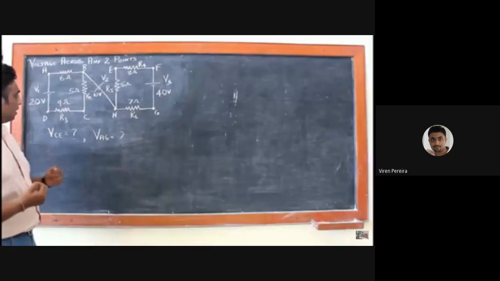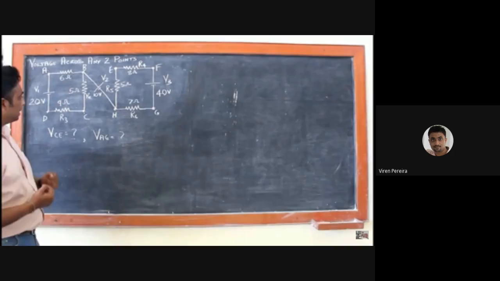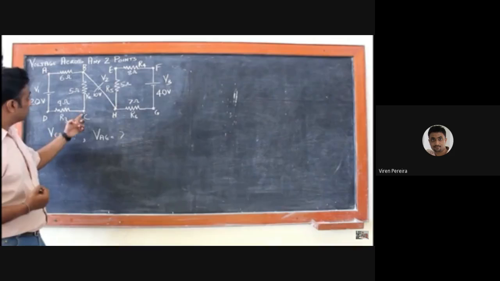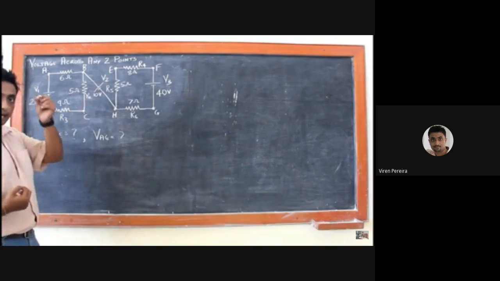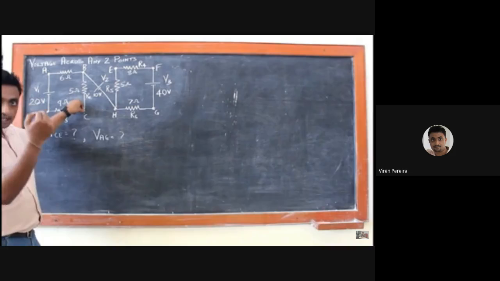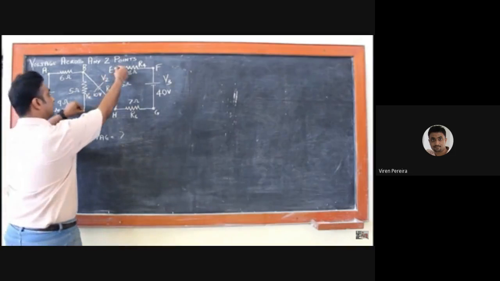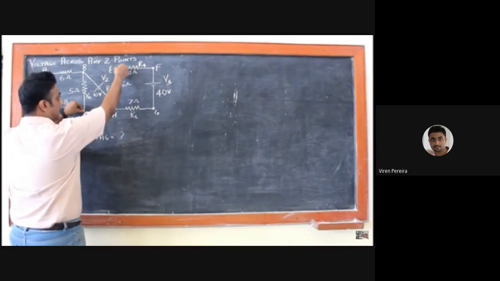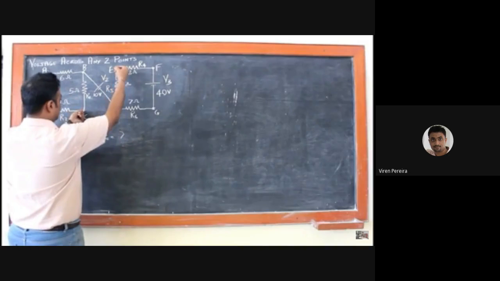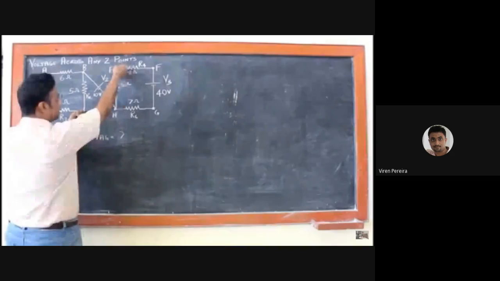So practically, if I'm using my multimeter and I want to find out the voltage across VC, I will take the positive terminal of my multimeter and connect it here, and I'll take the negative terminal of my multimeter and connect it here, and I get the voltage reading. So the positive and negative terminal of my multimeter will be connected here.